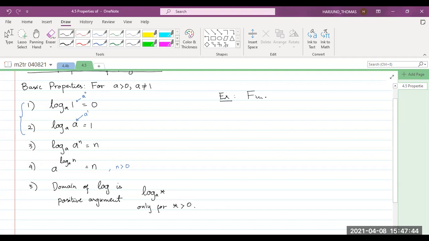Find the domain of f(x) equals, let's say, log base 7 of (x squared minus 4) over (x squared minus 3).